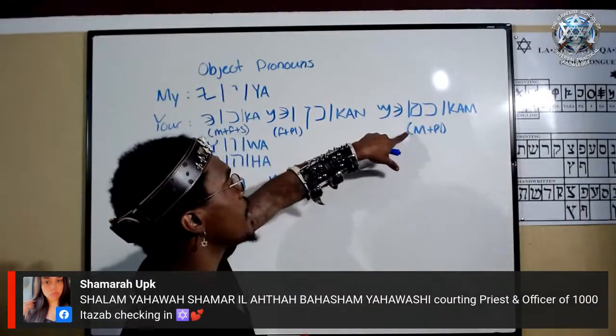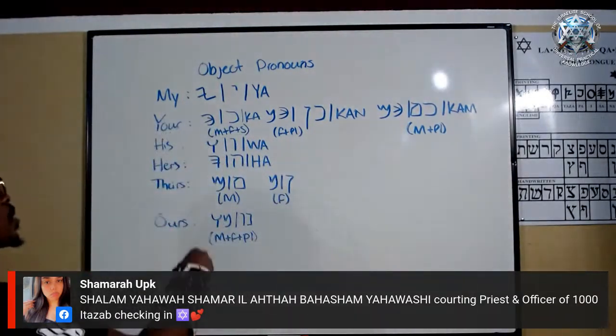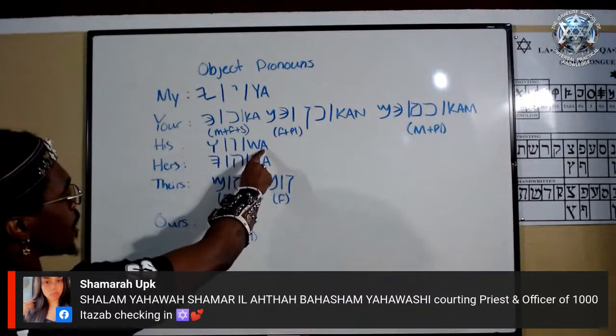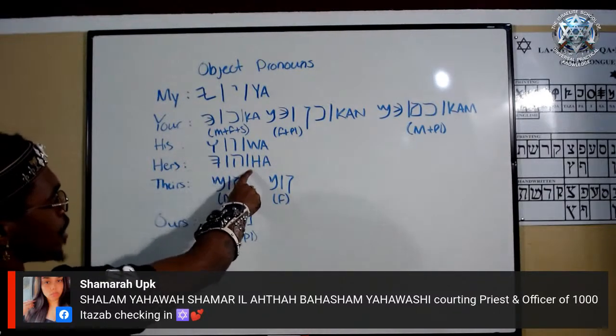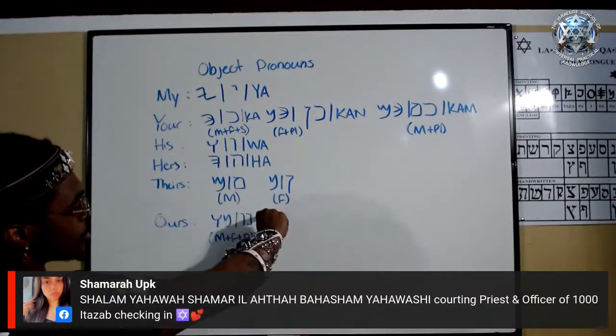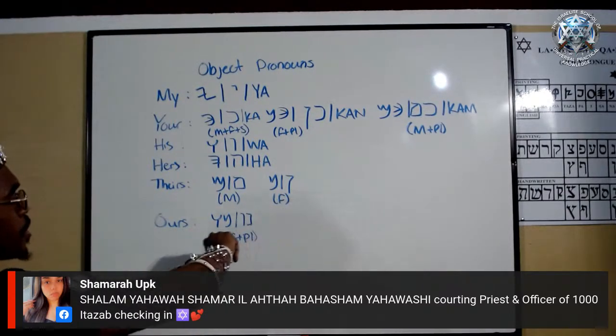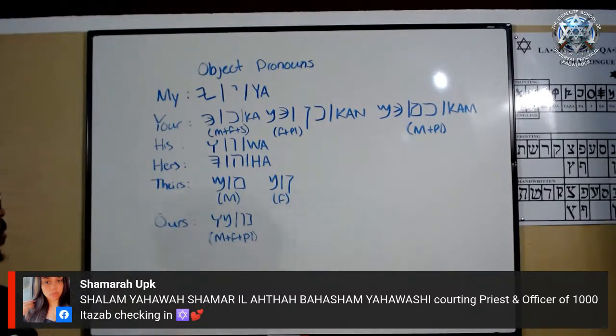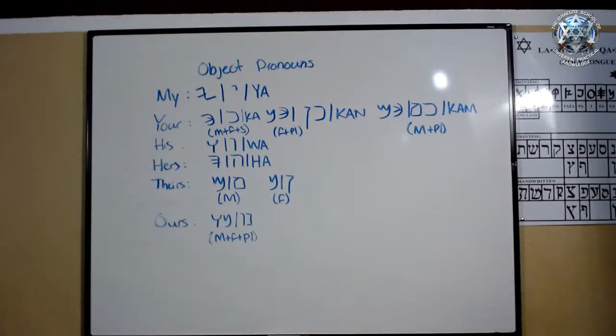Come for males, plural. His, wa. Hers, ha. Theirs, ma, masculine, and na, feminine. Ours, nawa. All right, so go ahead and write that down.